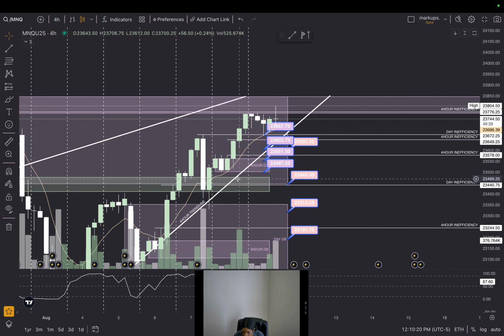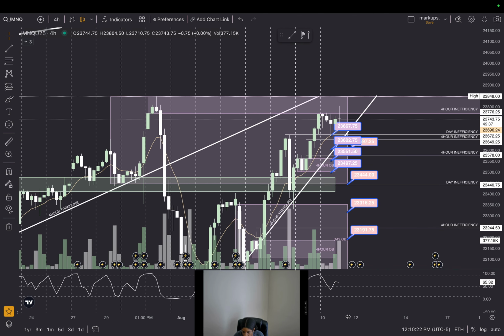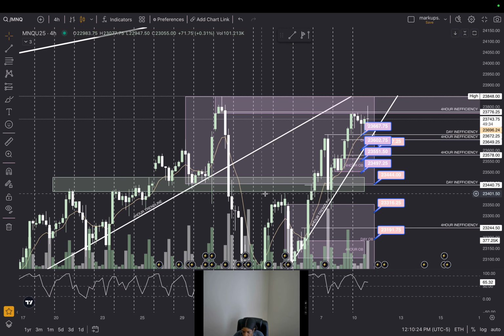And then up in here, after this zone that I drew out, represented in this green rectangle box, basically what I'm doing with that zone is trying to mark out the support and resistance zone, if you will. So I detected that this area acted as support or resistance. Resistance pushed down, came back up, resistance pushed down.